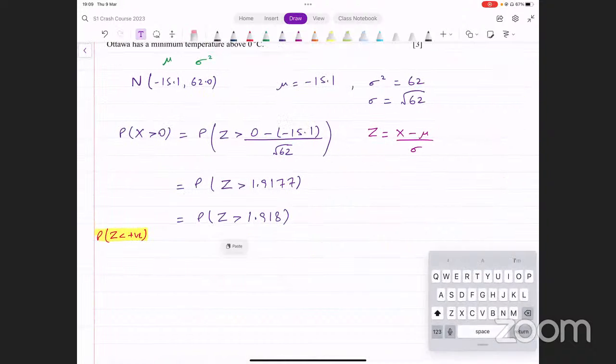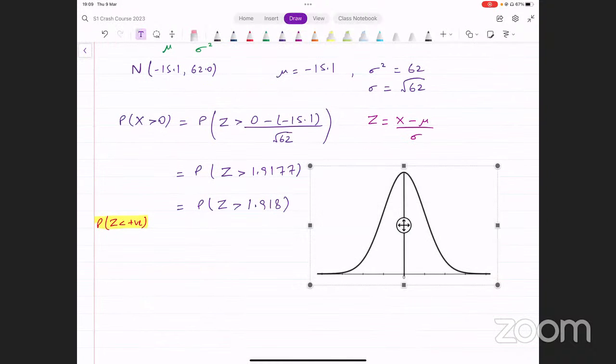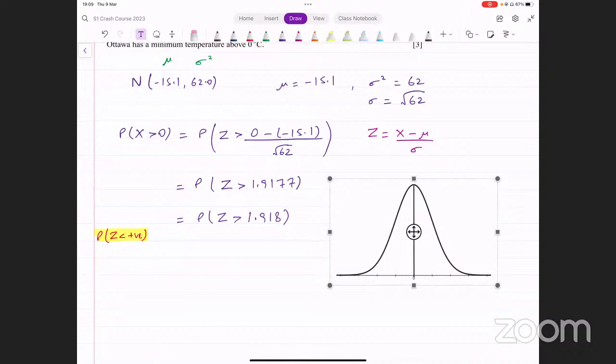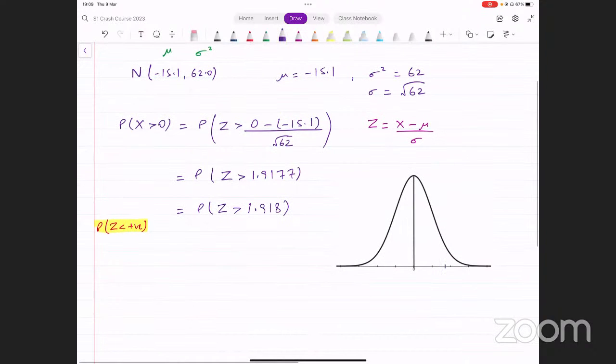This is what the curve looks like. Now, what's z? Z is 1.918. That might be somewhere here, 1.918. The probability that you're looking for here is this, the area to the right of 1.918. But we can't find this from the table. The table only gives us area towards the left of a particular value.